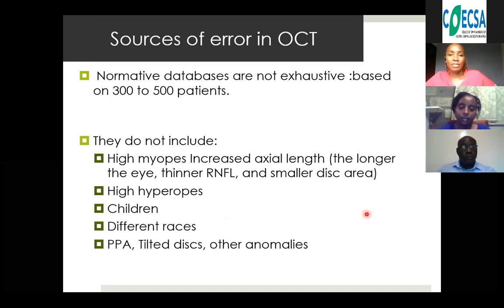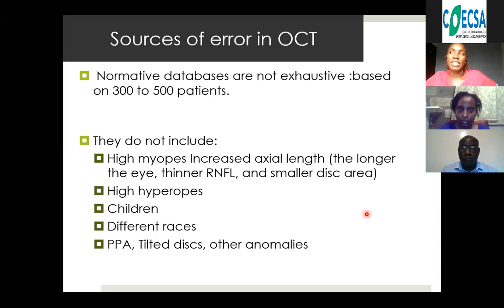Another thing, like I have said, the database may not be exhaustive. They might have measured only 500 patients. Of those, only 50 are Africans, 50 are Asians, the rest are Caucasians. So you'll find even within the African ethnicity, they don't have enough to compare the full range.